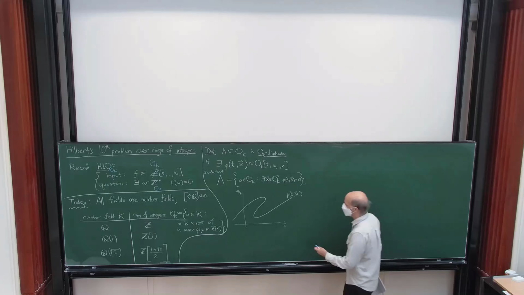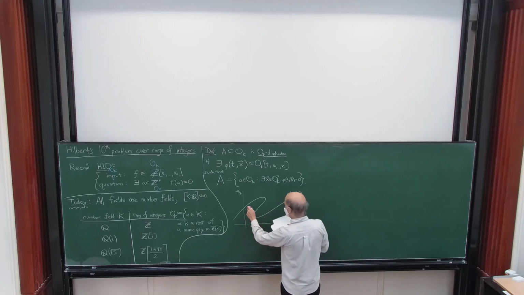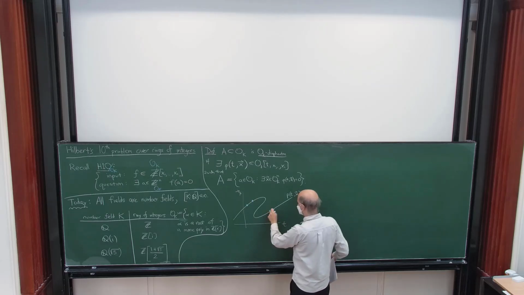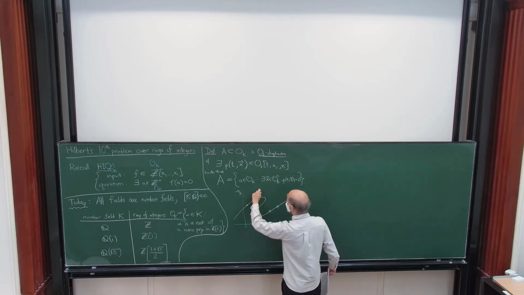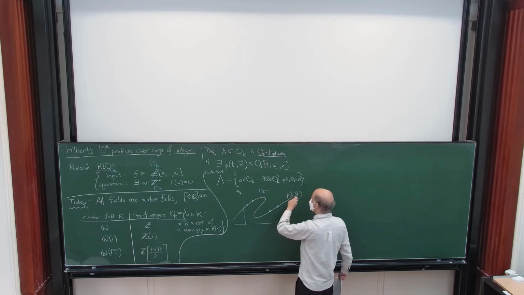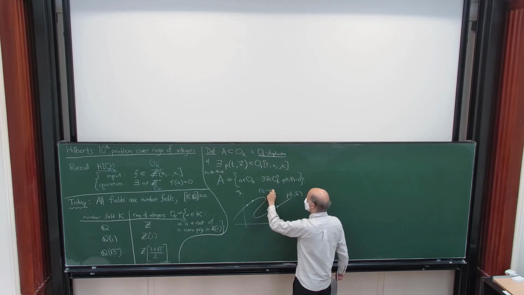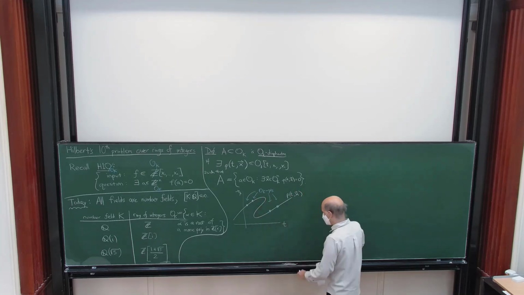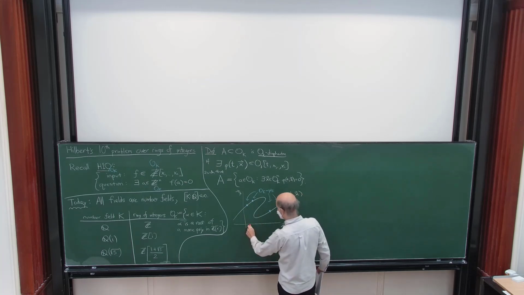So these are the O_K points, the solutions to the equation P(t,x) equals 0 with coordinates in O_K. And then you project them onto the t-axis.